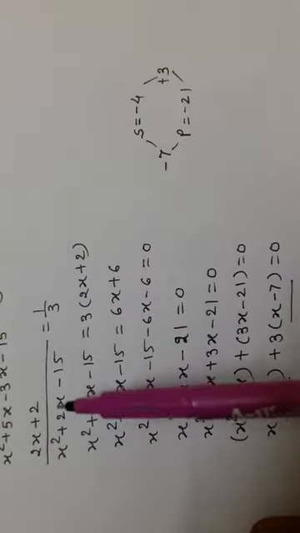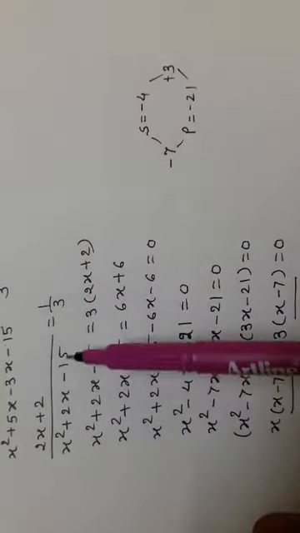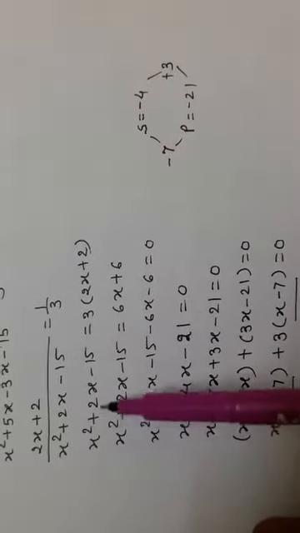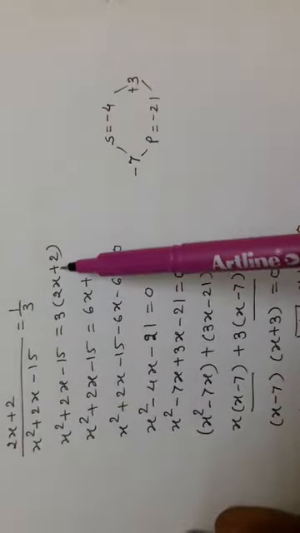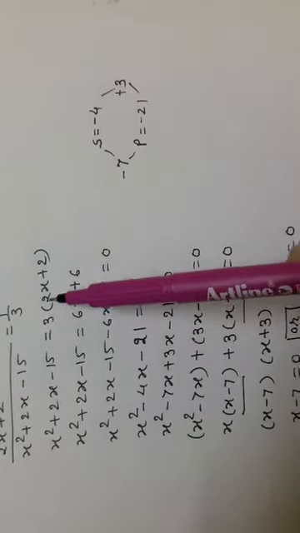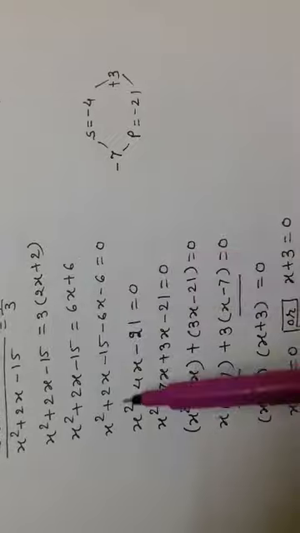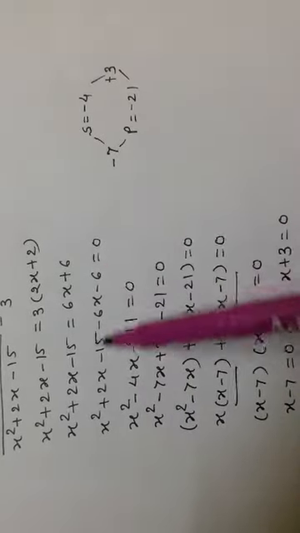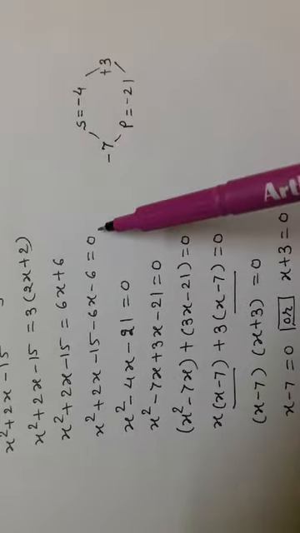Now we will do the cross multiplication, means this equation we will multiply by 1, means x square plus 2x minus 15 is equal to 3 into 2x plus 2. x square plus 2x minus 15 is equal to 3 2s are 6, 6x plus 6. Now this is a quadratic equation, means on the right hand side we want 0.